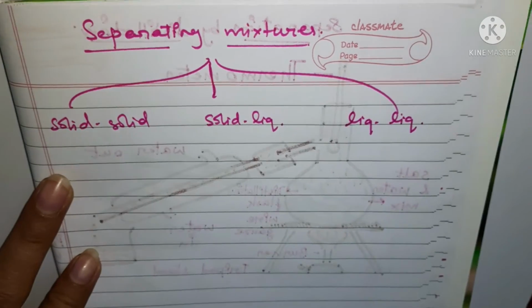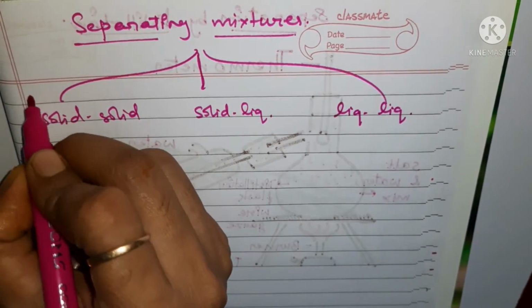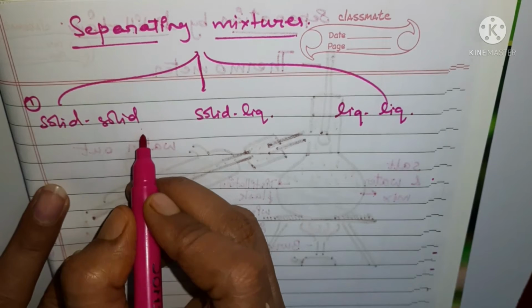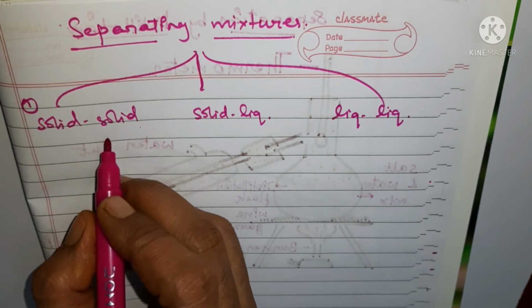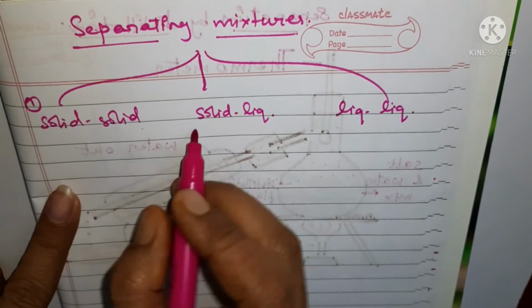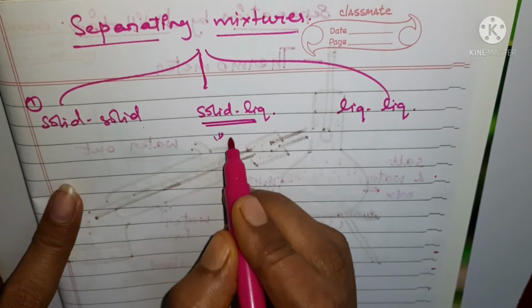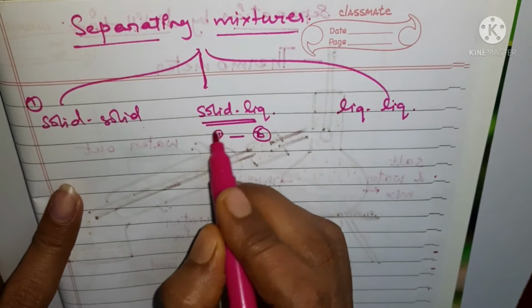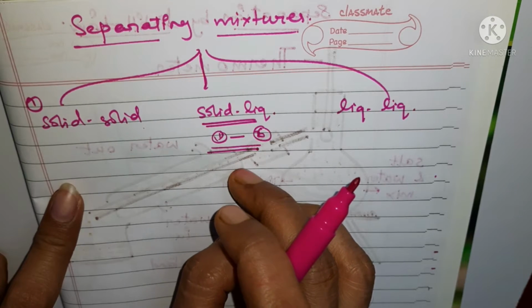So in this total separation methods, we have completed solid and solid, how to separate solid from solid in a mixture, and we have also seen there were 6 methods under this category. We were having 1 to 6 methods, and we have completed all the methods out of this category, right?